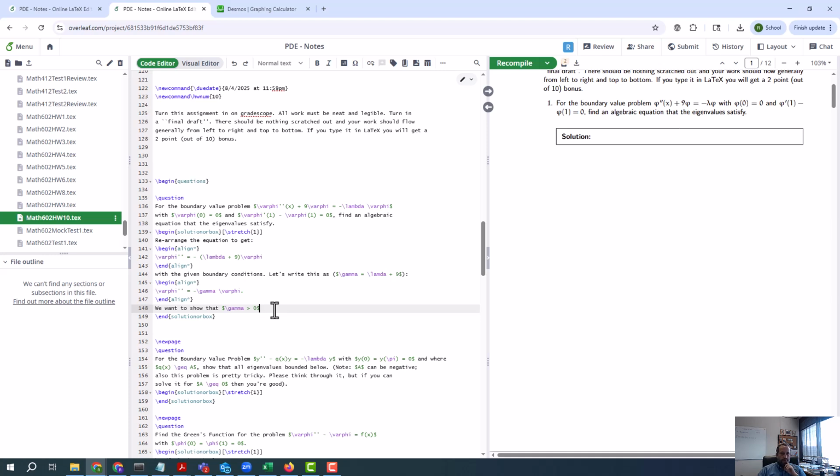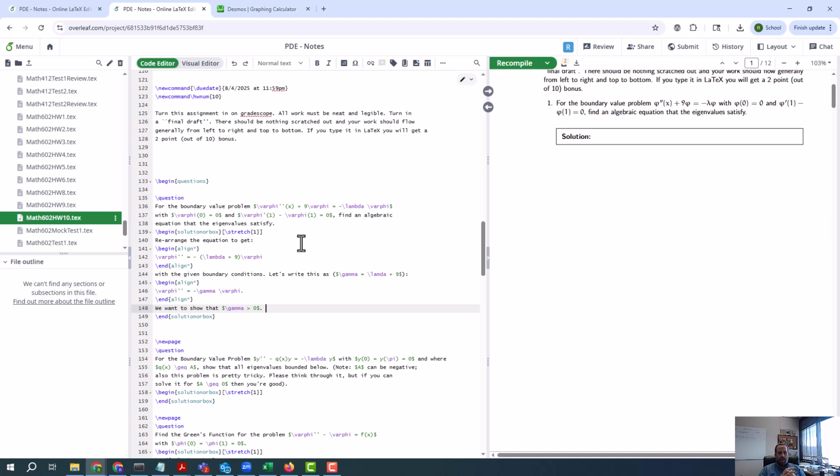Okay, so how can we do this? There's two ways. One way is to say, what if gamma is negative? Then minus gamma is positive, and so the general solution is going to be a linear combination of exponential functions, e to the square root of minus gamma x, plus b e to the minus square root of minus gamma x, just typical second order differential equations.